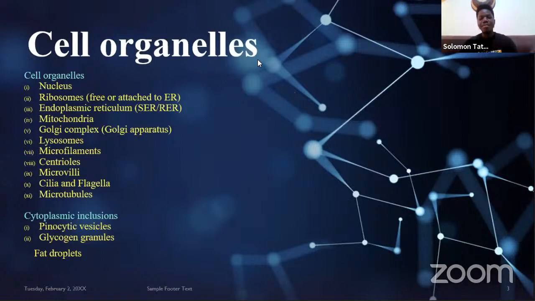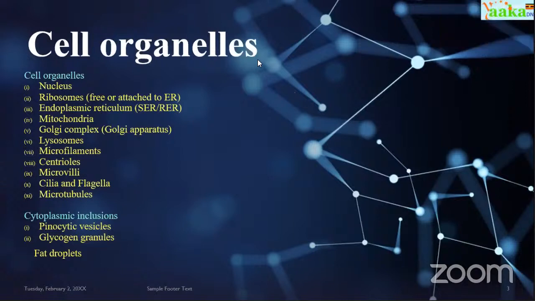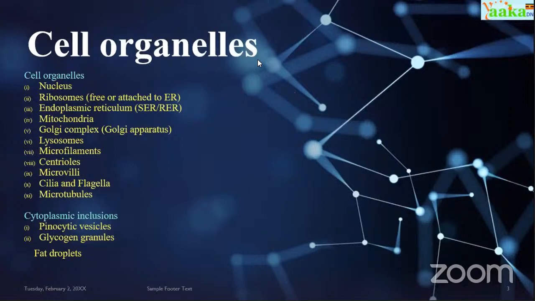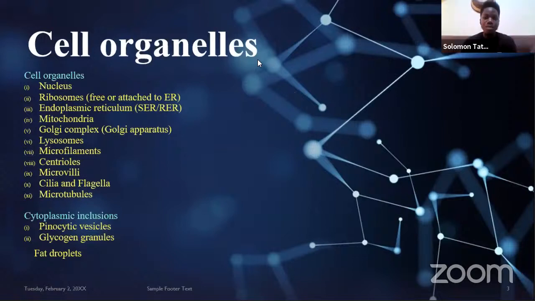Jamie? Excuse me, sir. Yes. I have a question about the previous point about synthesis of steroids. We talked about hormones. Does it mean hormones are an example of steroids? Some hormones are made up of steroids, okay?